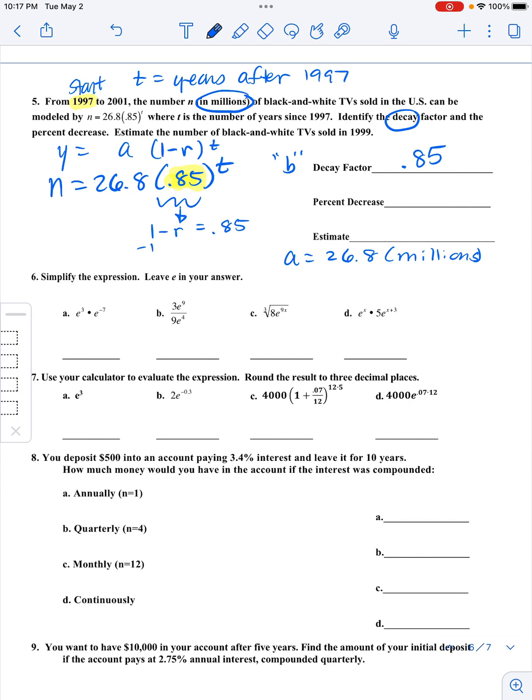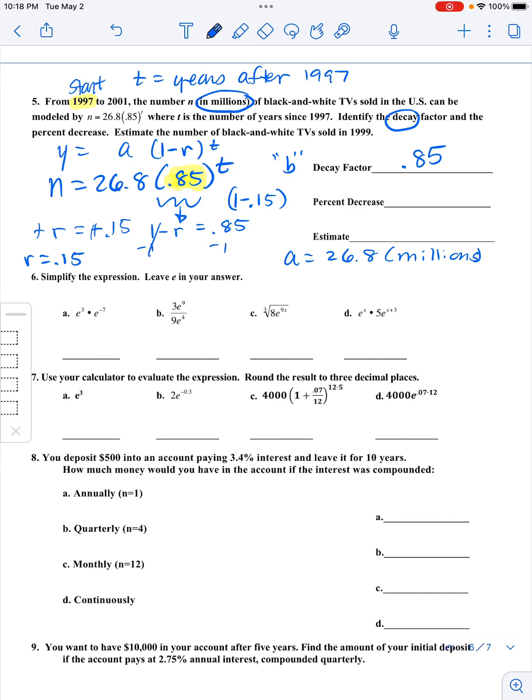I did 1 minus r to get that. So when I do that, I get negative r equals negative 0.15. I can cancel out the negatives because there's one on both sides. And I'm getting an r value of 0.15.